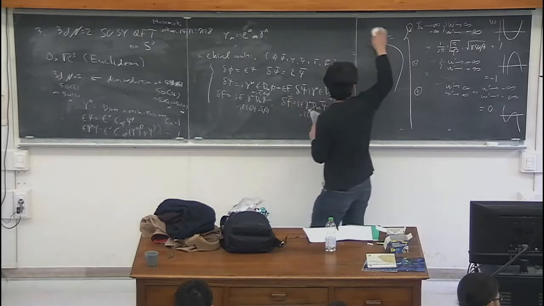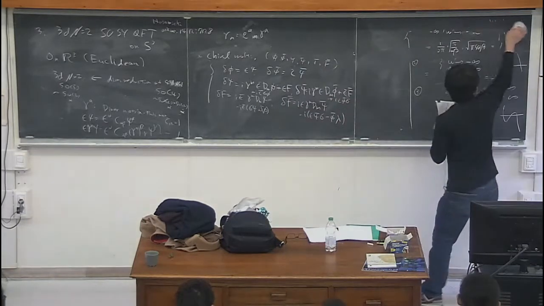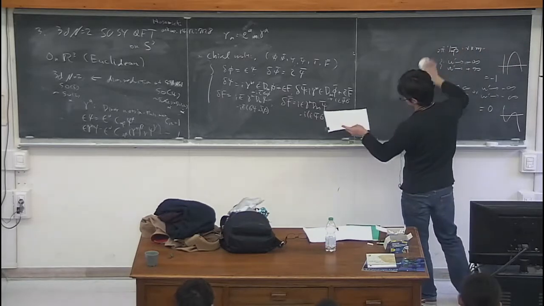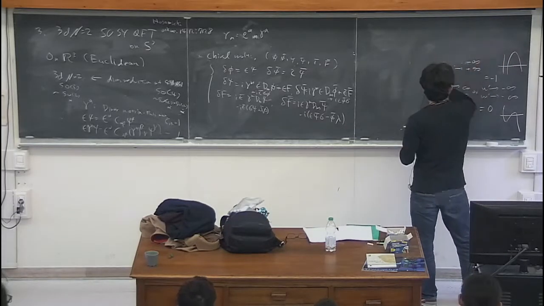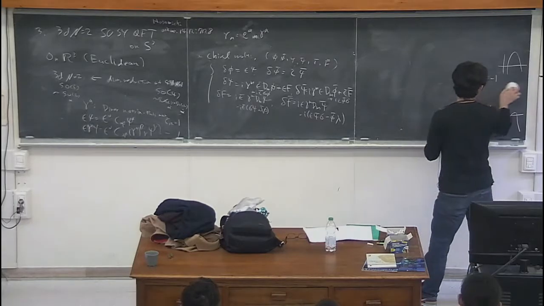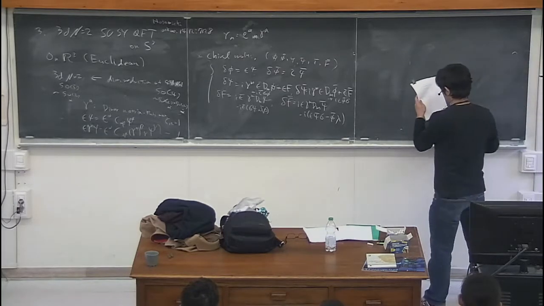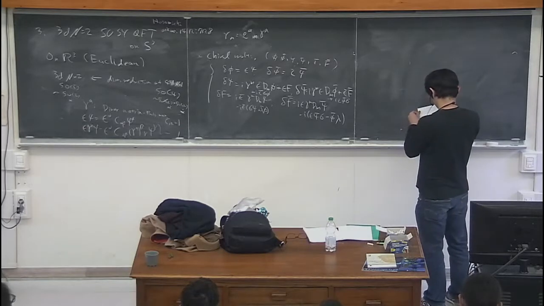Here lambda is the vector multiplet fermion, and sigma appears here first.